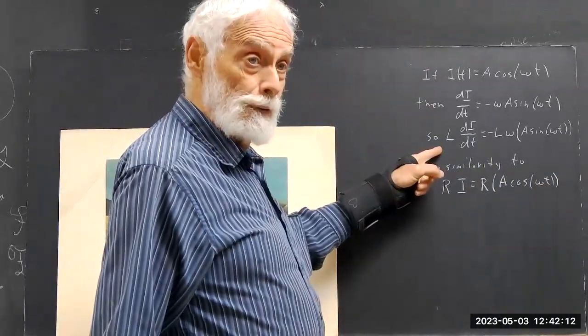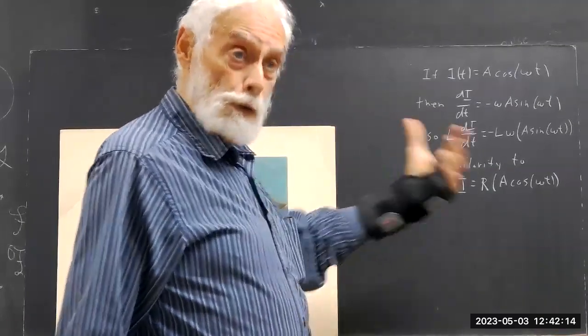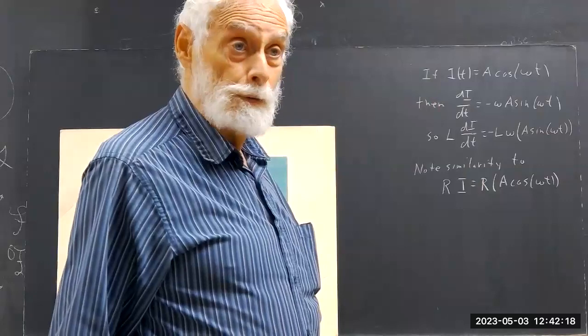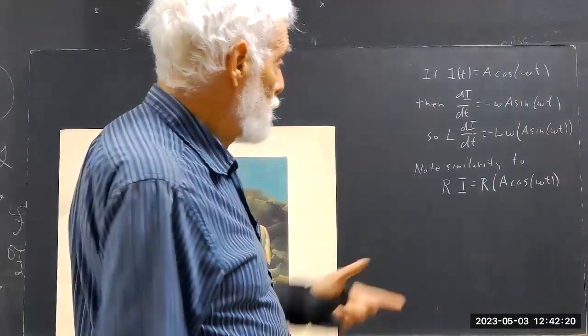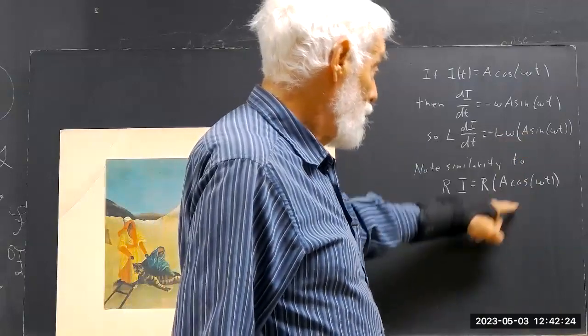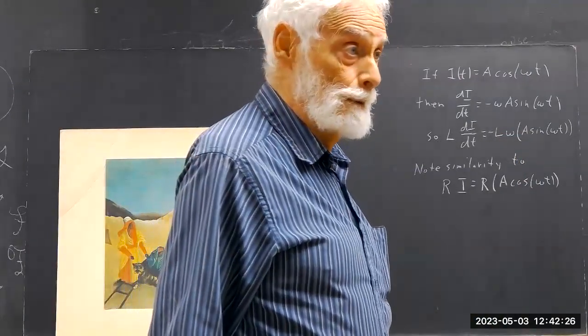Now, why do I do this? That's the voltage across the inductor. This is the voltage across the resistor. And we see that they're out of phase by 90 degrees. Sine is a 90 degree rotation.